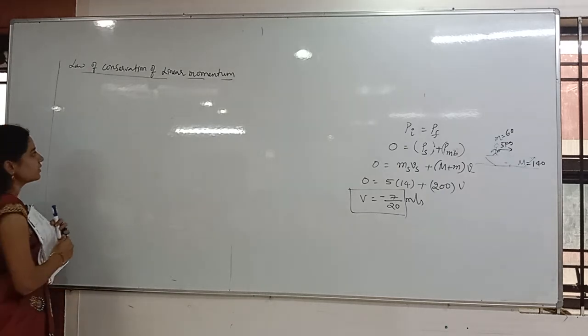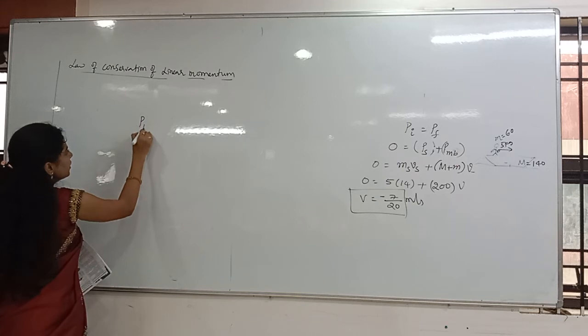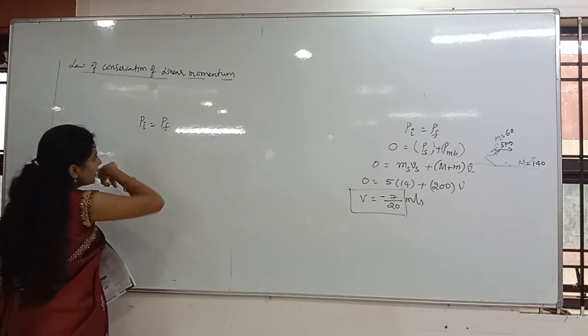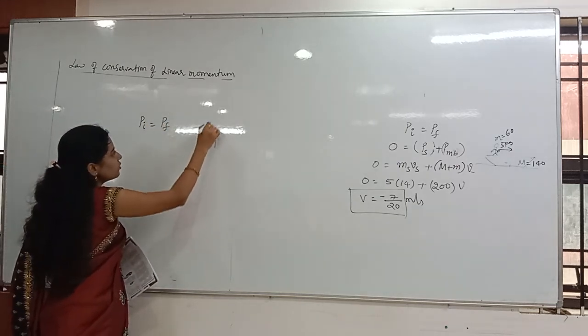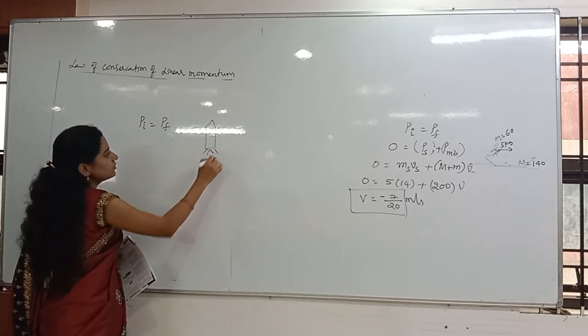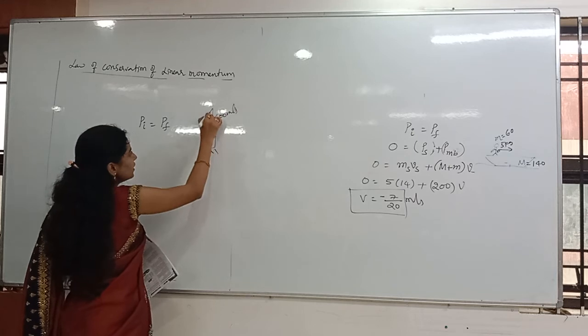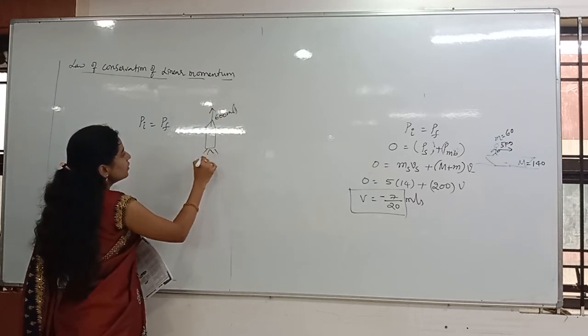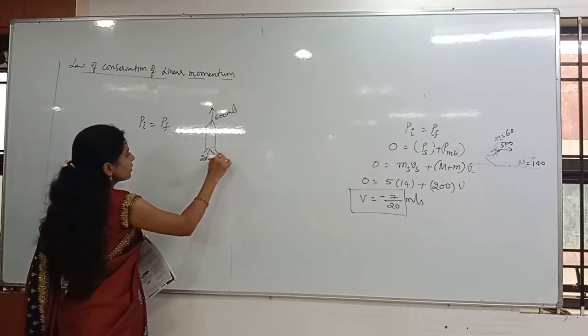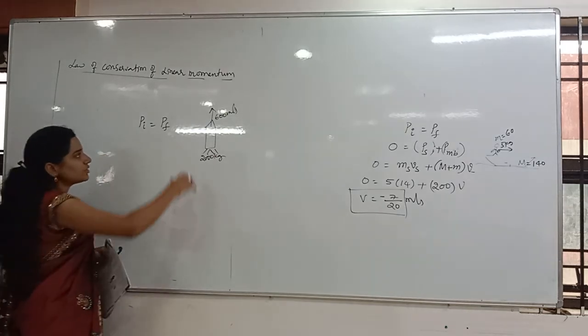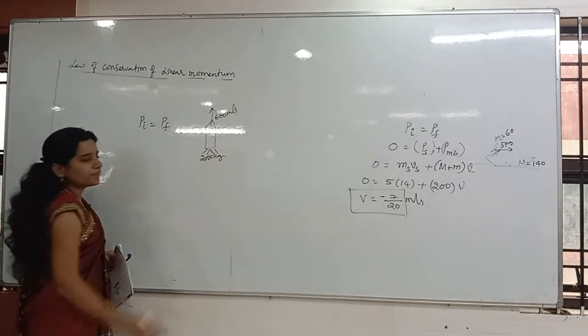So before explosion, the total momentum initial is equal to the total momentum final. Here the spacecraft is moving with what velocity? They're saying 600 meters per second, of how much mass? 2000 kg. After going some distance, it suddenly explodes into two pieces.